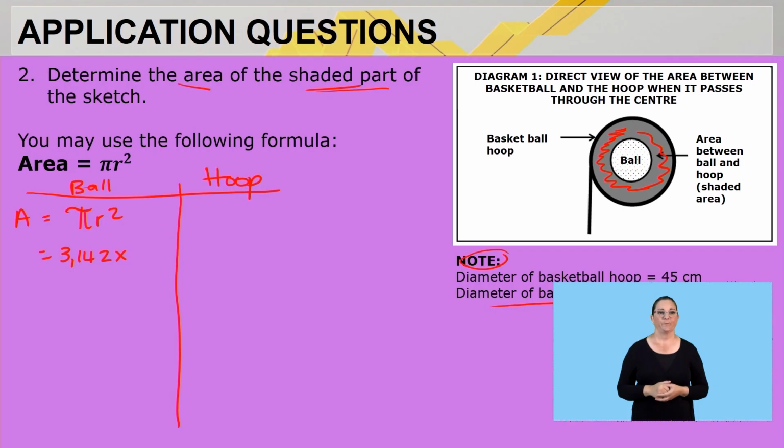Are you guys with me? So I'm going to indicate here, in this case, the radius will be half of 24.8, which is 12.4 centimeters. So I'm going to substitute that by saying it's 12.4 and I square that value. Guys, are we clear? Let me just write that as 12.4 and I square that value.